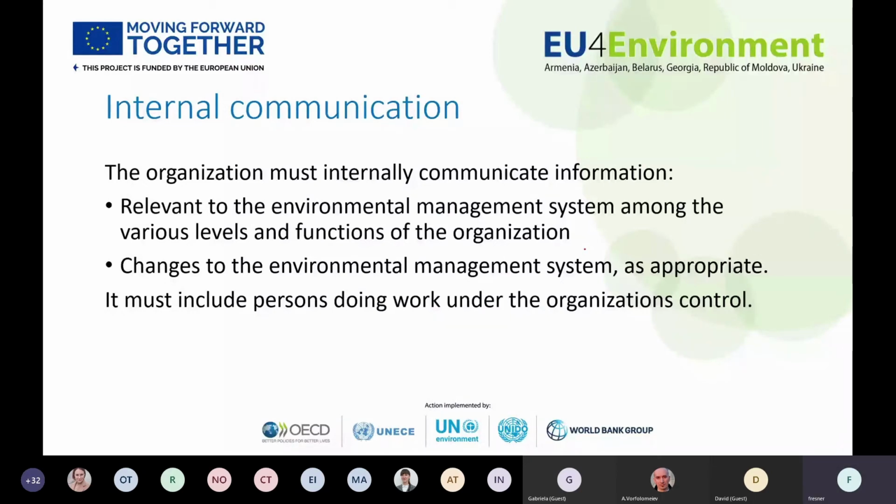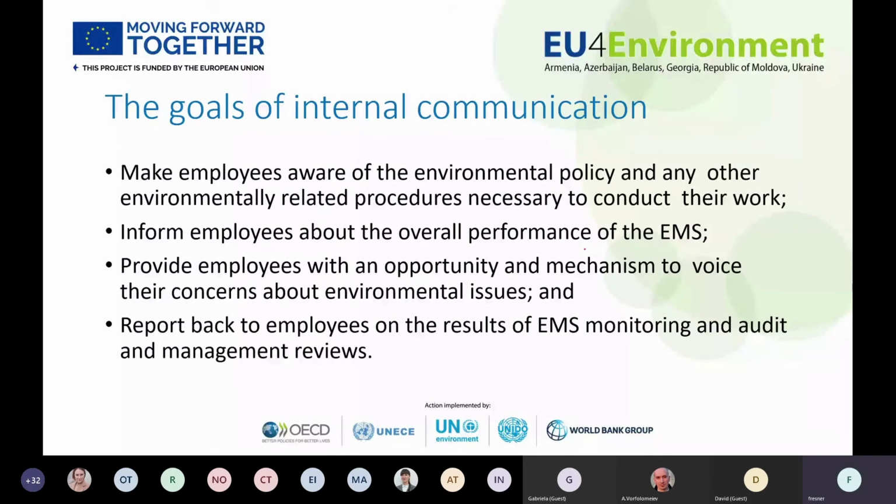It must be clear how internal communication is organized, relevant for the environmental management system, so the key elements starting from the policy, responsibilities, how this information is passed on within the company. And of course, there needs to be a mechanism how we react to changes. If an environmental policy is amended, the word must be spread out about the changes. The goal is information.